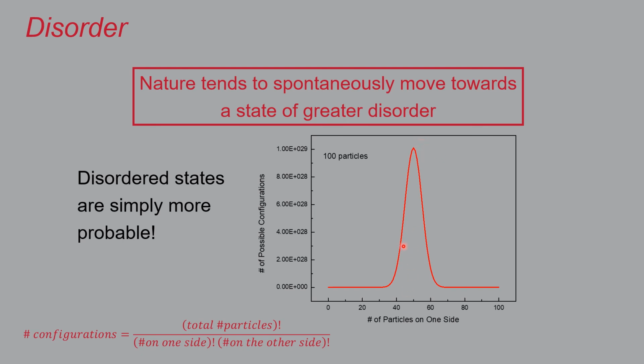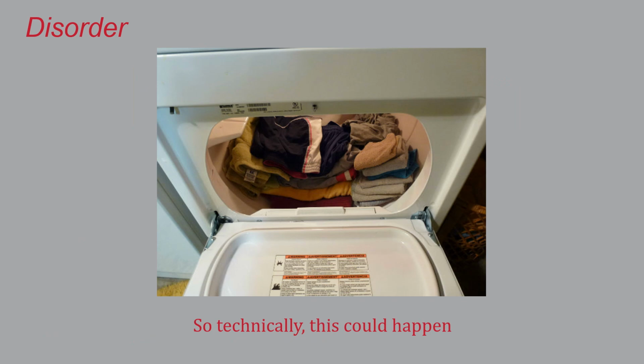Now note that 49 and 51 on one side and the other are probable. In a real life sample, you don't notice plus or minus 1 or 2 atoms. So we're still talking about a huge number here, but it's probability, and that is all that it is. So in theory, this could happen.